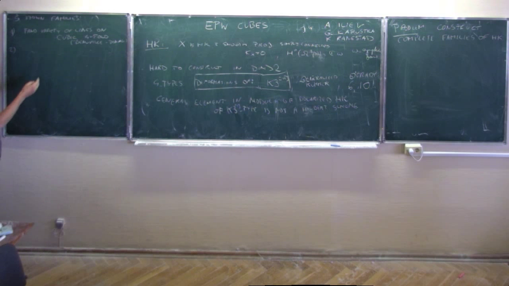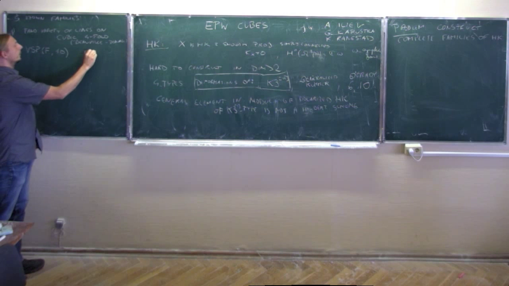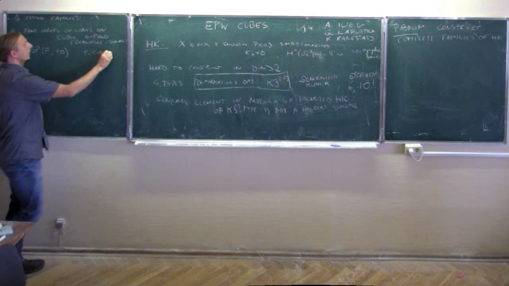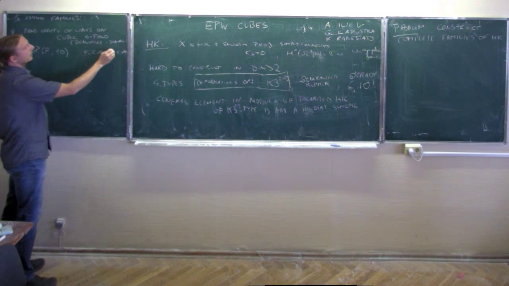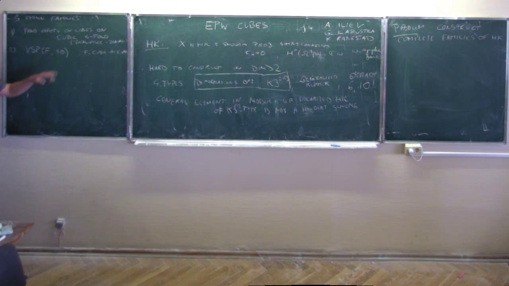The next one is also related to the cubic: the variety of sums of powers of a cubic f in 6 variables, which is also a cubic fourfold. We parameterize the decompositions of this cubic polynomial into 10 cubes of linear polynomials.